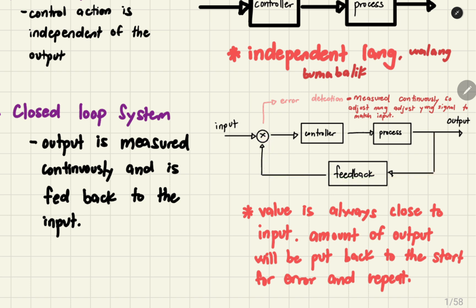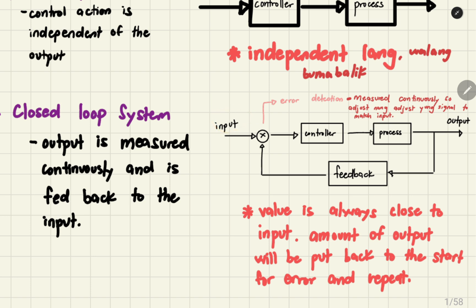Okay, so for example, our desired output is 5 volts. And then once it was processed and it came out as 4.5 volts, then this one will be fed back to this. And then this error detection will measure the voltage continuously in order to match the input.